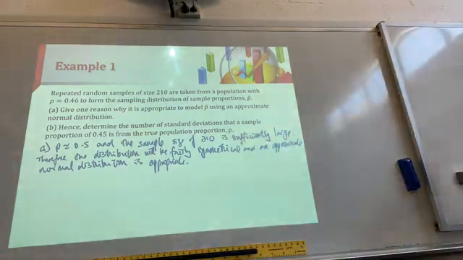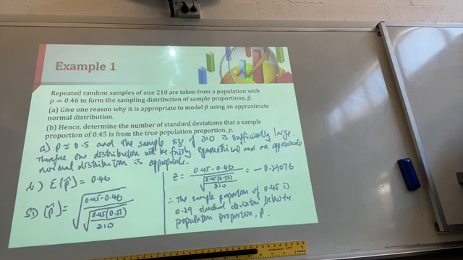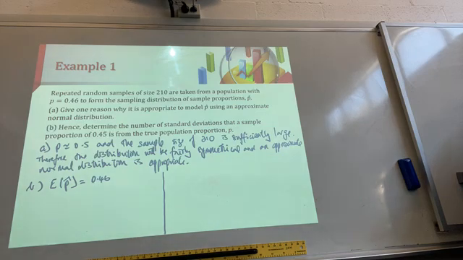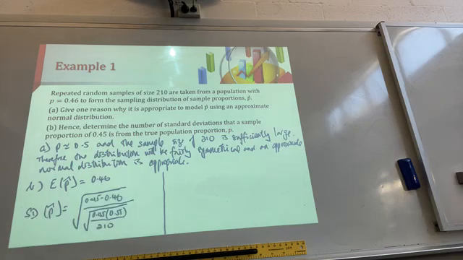All right? So what you could do is work out the expected value of p hat, which is 0.46. That's all. And then you can work out the standard deviation of p hat.